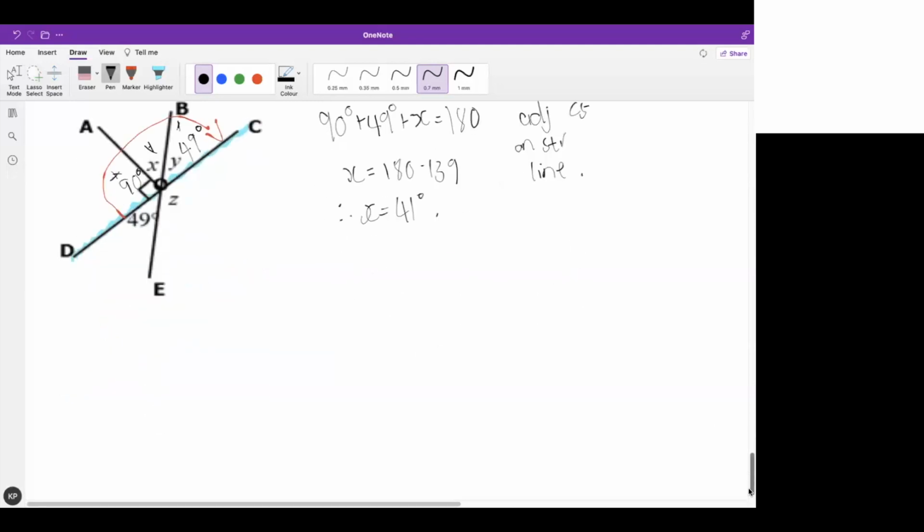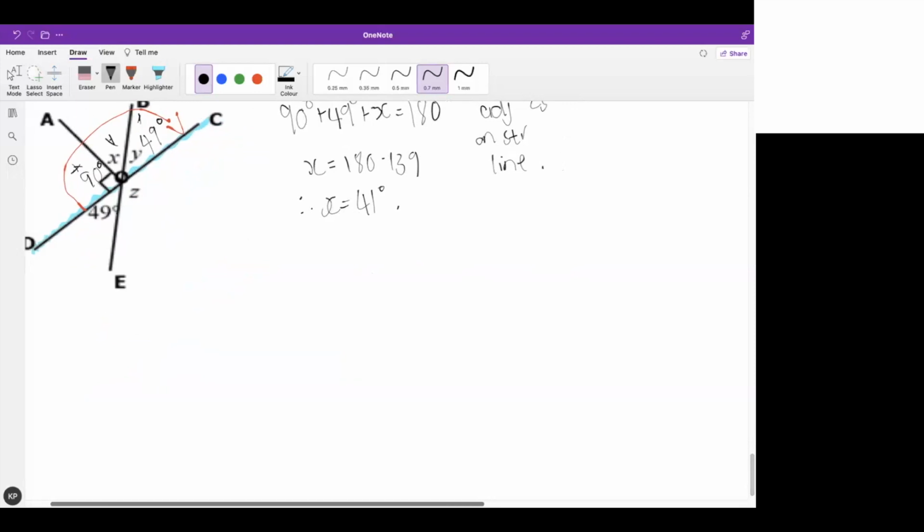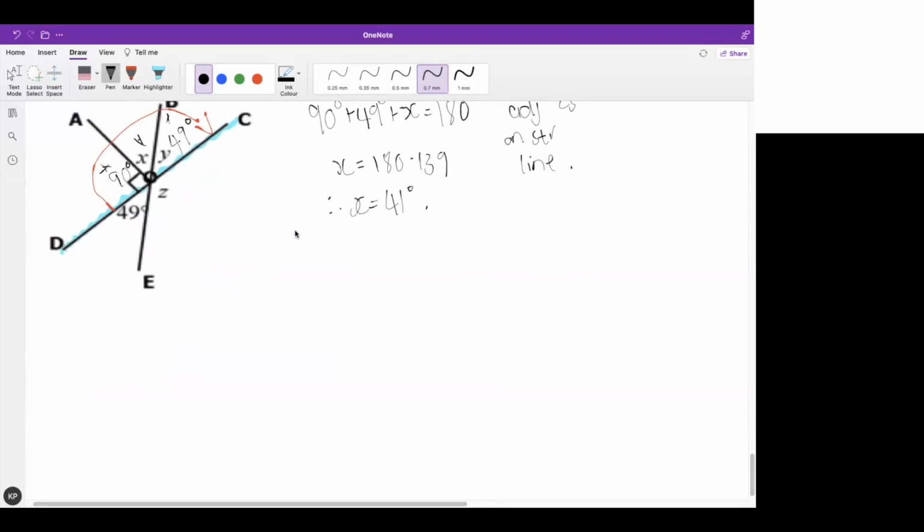Wonderful. Let's do Z. For Z, if we add all the degrees together, 49 plus 90 plus 41 plus 49.